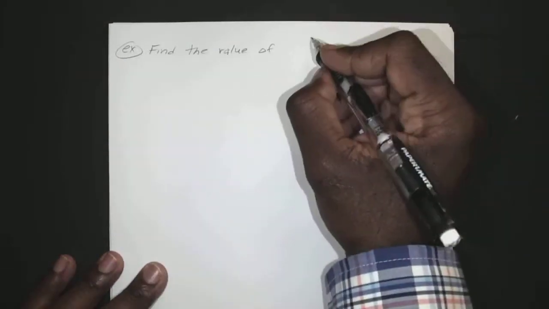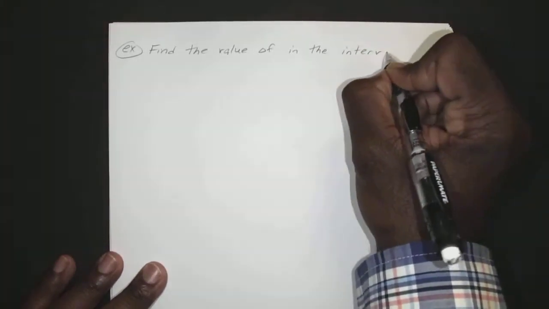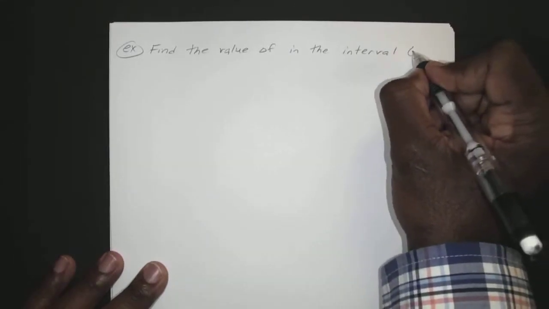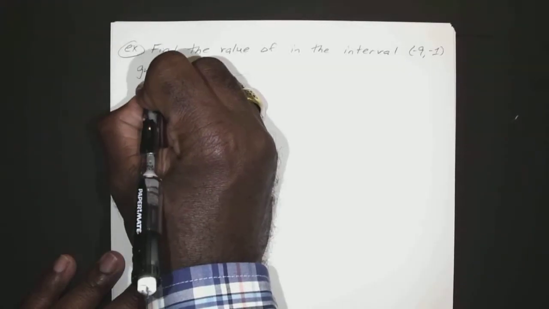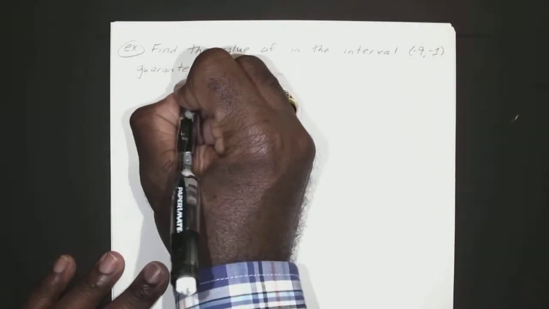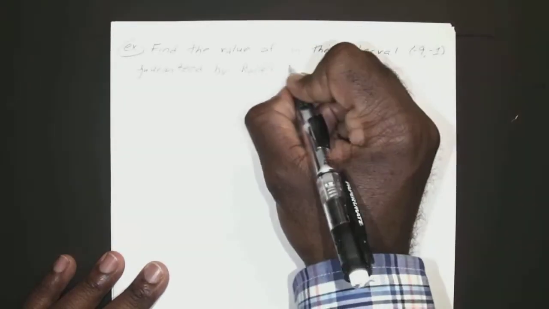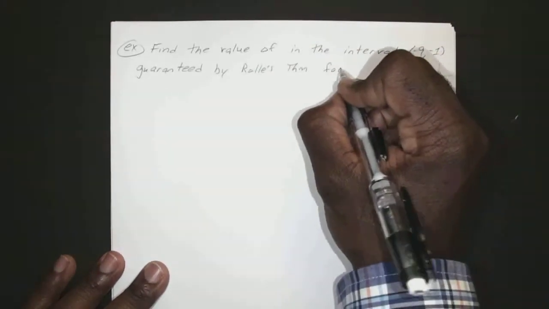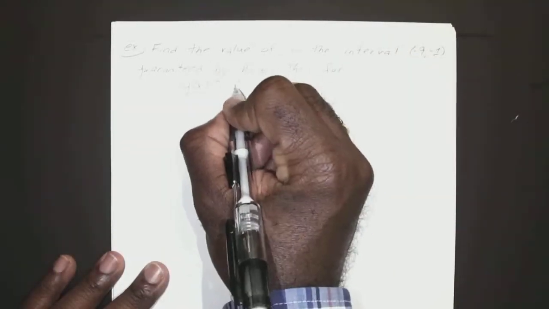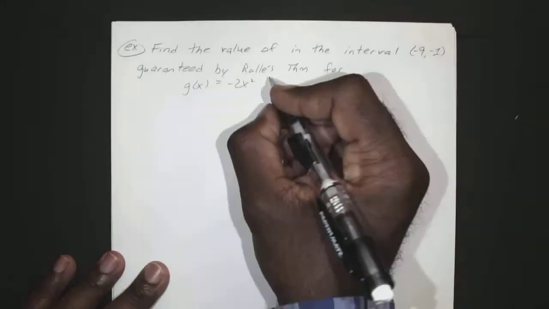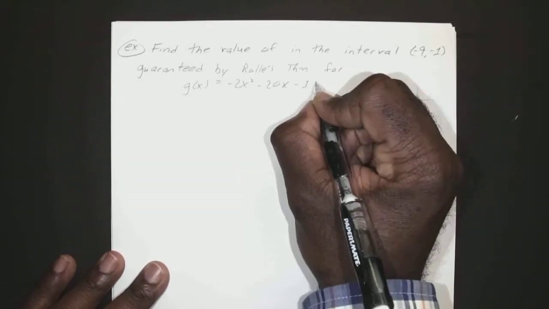So you find the value of c in the interval -9, -1, guaranteed by Rolle's theorem for g of x is equal to -2x squared minus 20x minus 15.